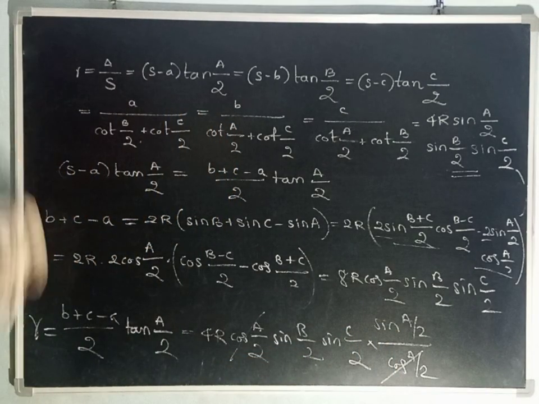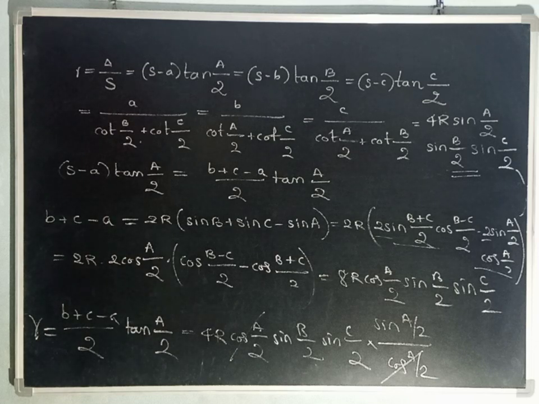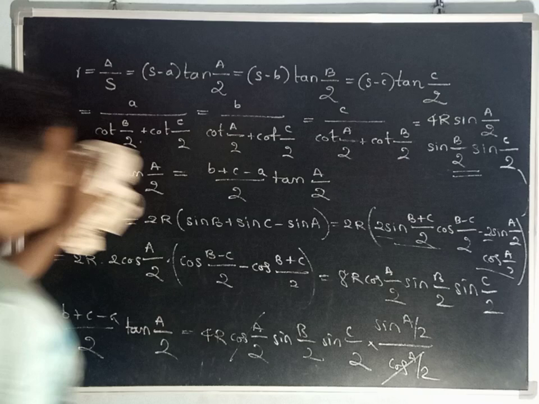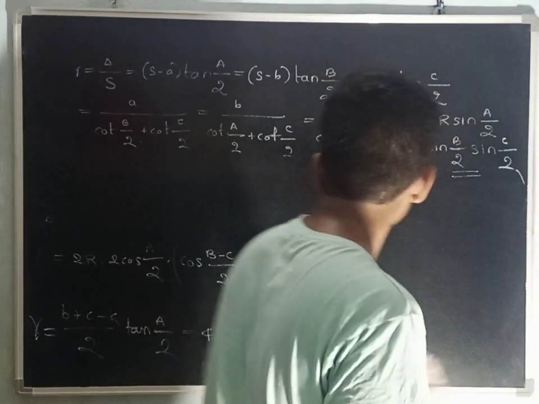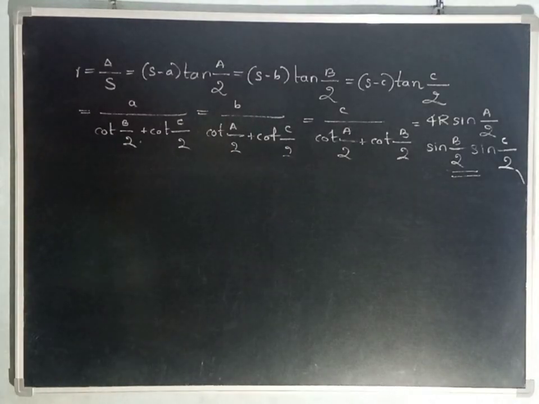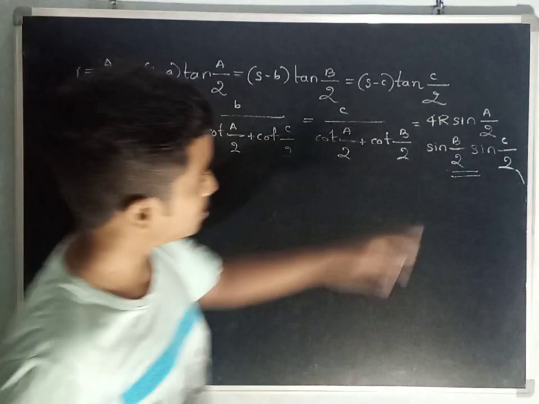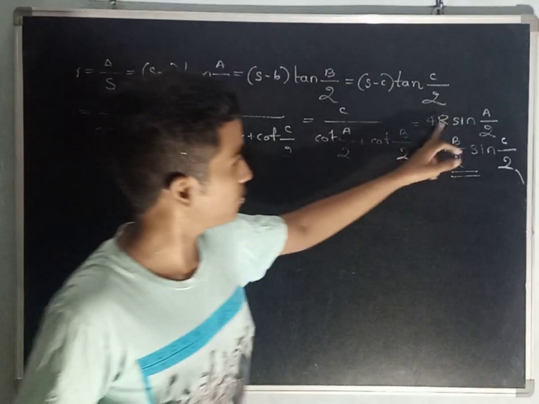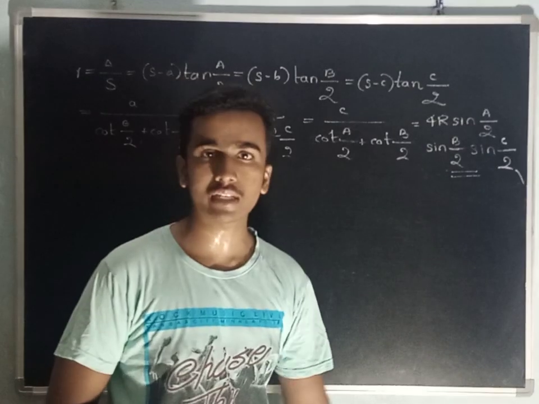Okay, let me erase this part. Finally, this is how we can prove the radius of incircle as 4R into sin A by 2, sin B by 2, sin C by 2.